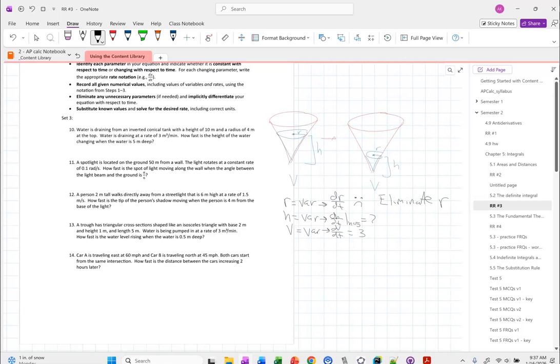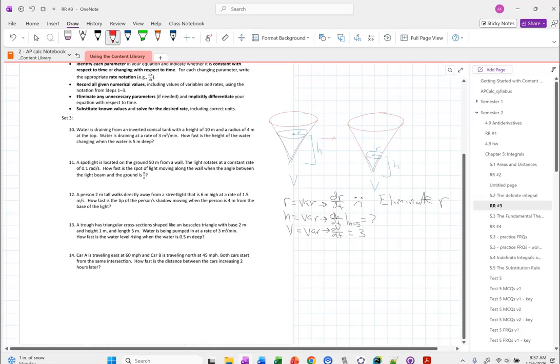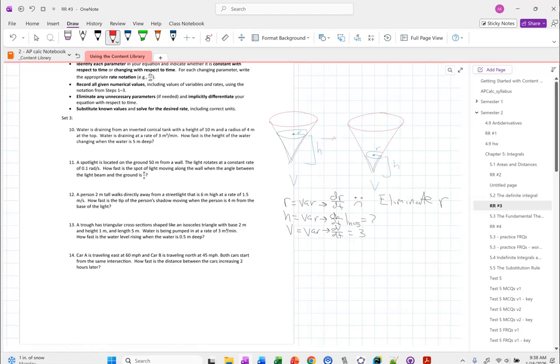So the piece that I haven't used yet that's been given to me is that we've been given the dimensions of this tank as well, right? So that's what I'm going to use, or hopefully it stands to reason that that's what I'm going to need to use to eliminate that variable R. So I have the radius for the tank, and then the height for the tank.